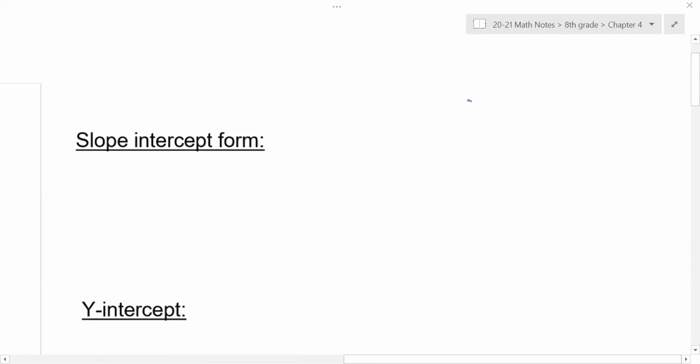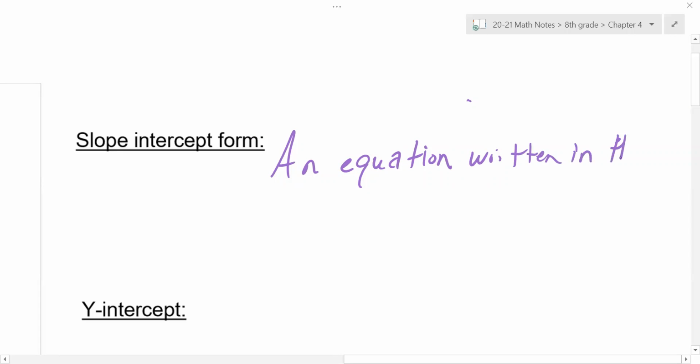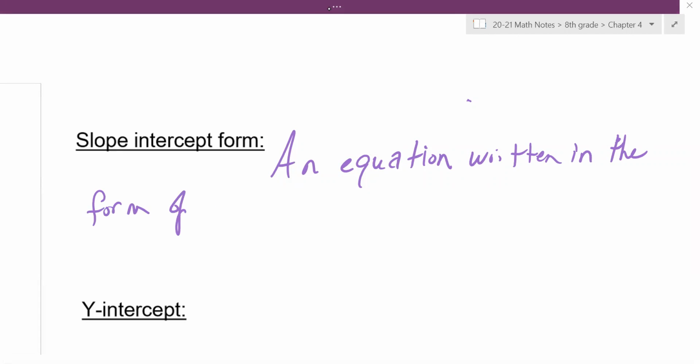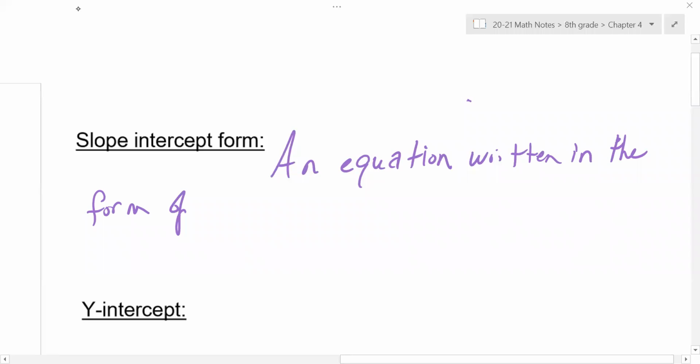The definition of slope-intercept form is an equation written in the form of y equals mx plus b.